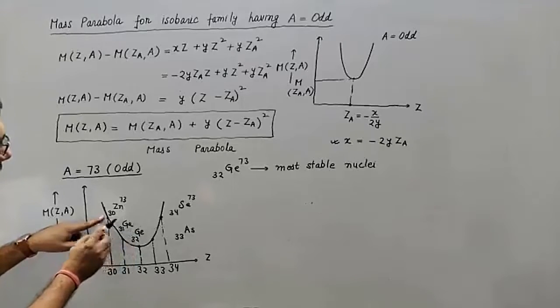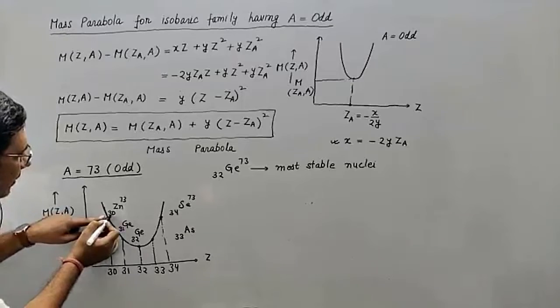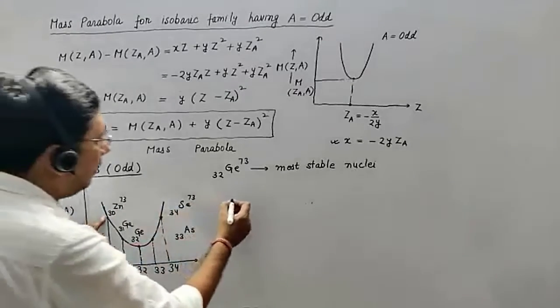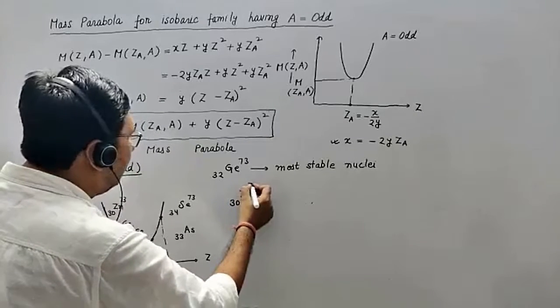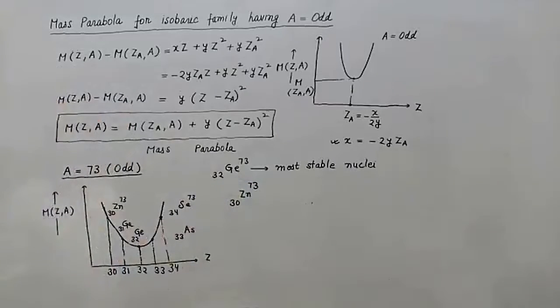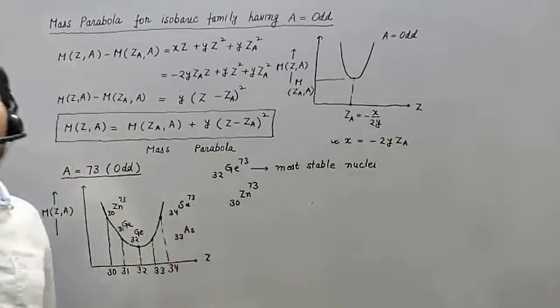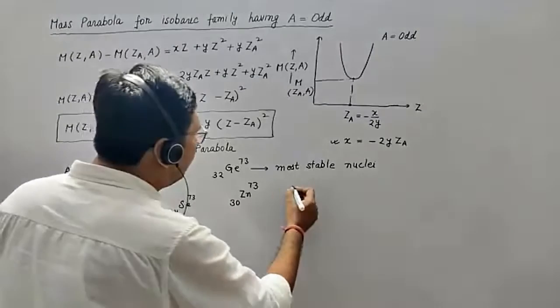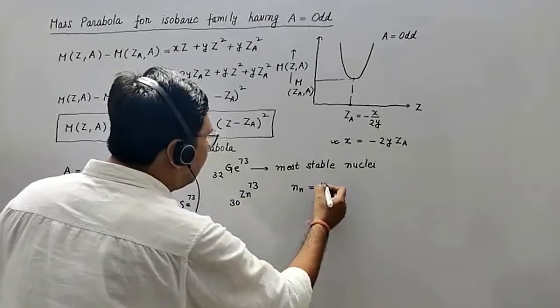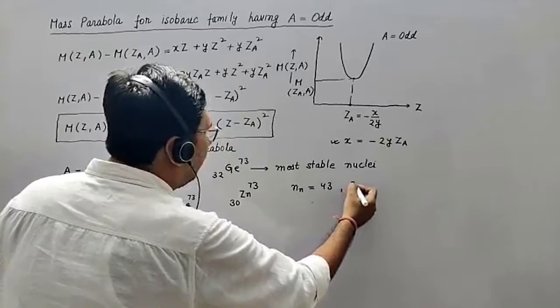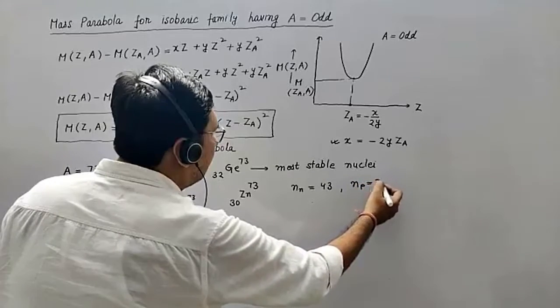So how can it convert? If you observe 30Zn73, the number of neutrons is higher as compared to the number of protons. The number of neutrons is 43, and the number of protons is 30.